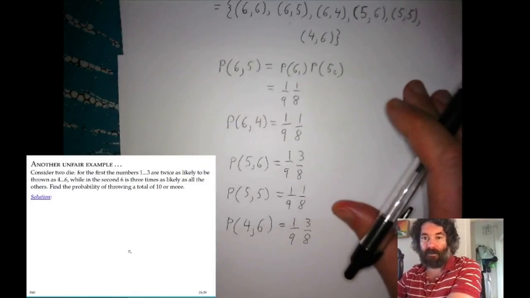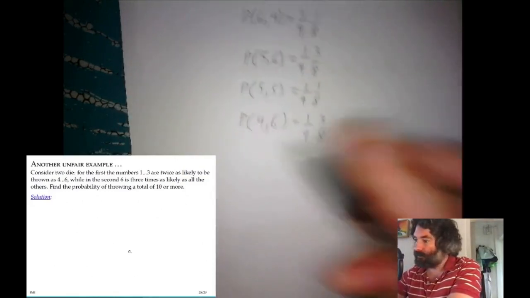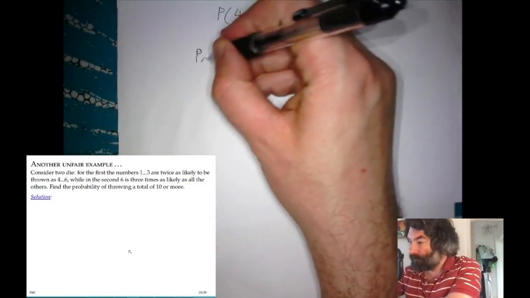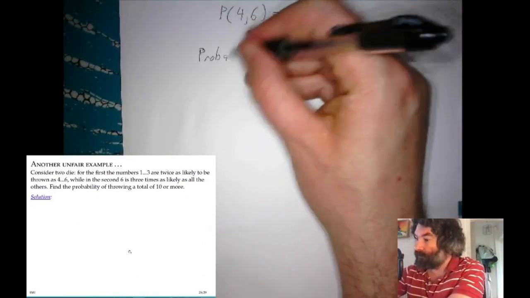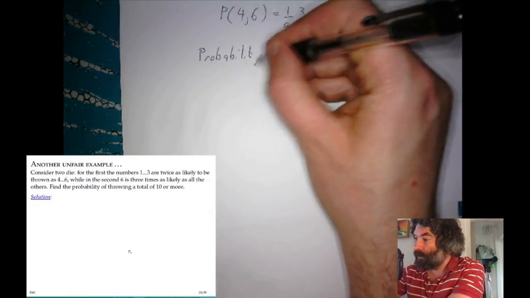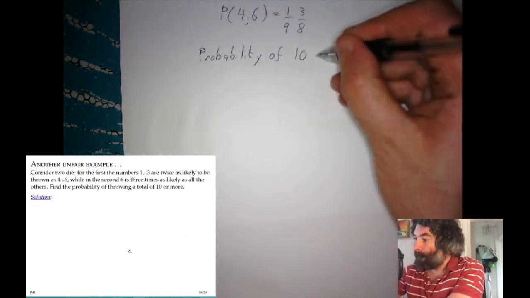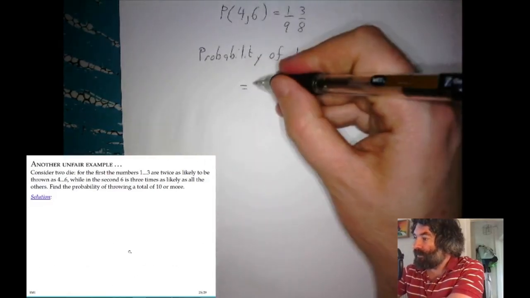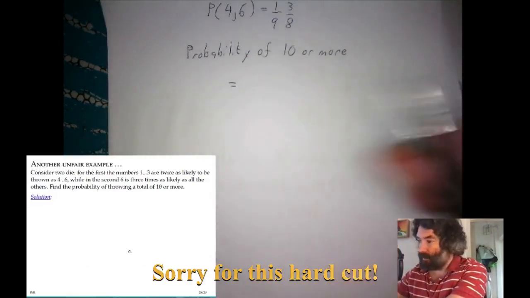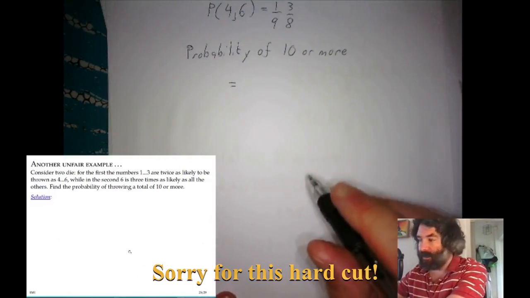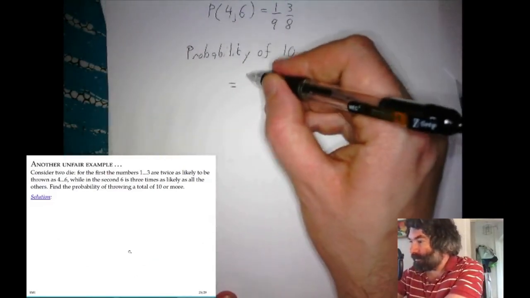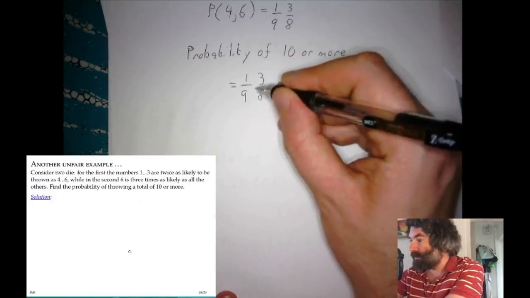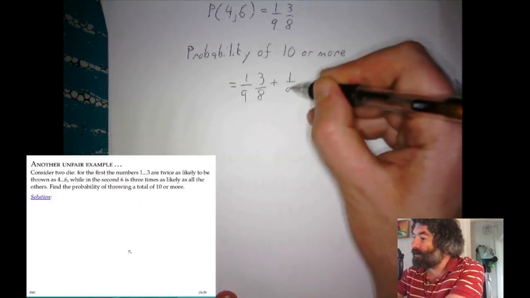So the probability that we roll 10 or more is what we get when we add up the individual probabilities that we found. And so it's going to be 1/9 times 3/8 plus 1/9 times 1/8.